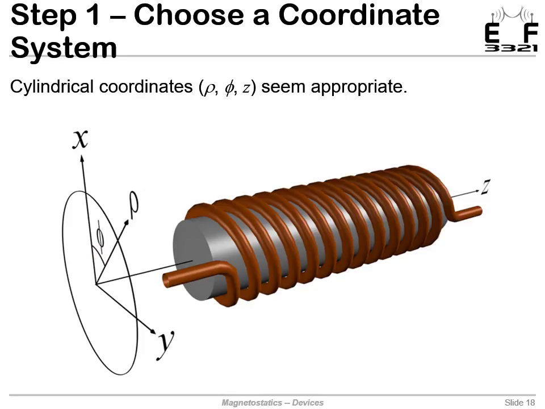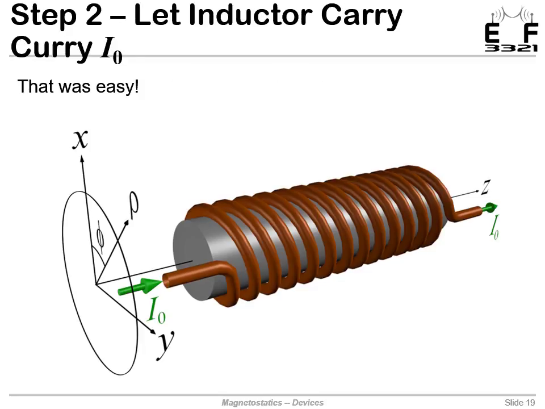So this is the coordinate system that we will analyze our solenoid. Step 2, we let the inductor carry a current I. Well, there it is. We have current I naught coming in and current I naught coming out. And of course, anywhere along here is current I naught. Well, that was really easy. The other steps aren't quite as easy.